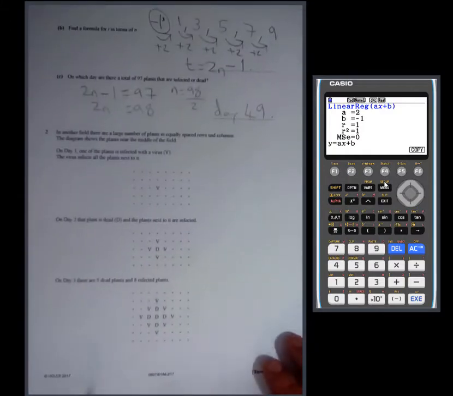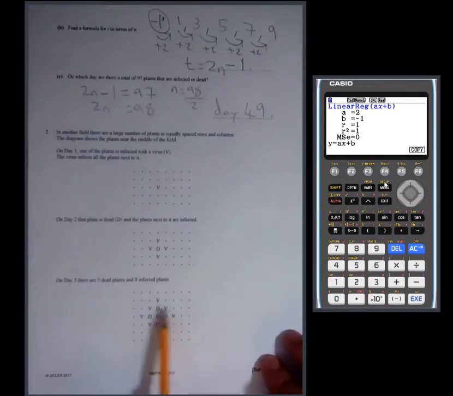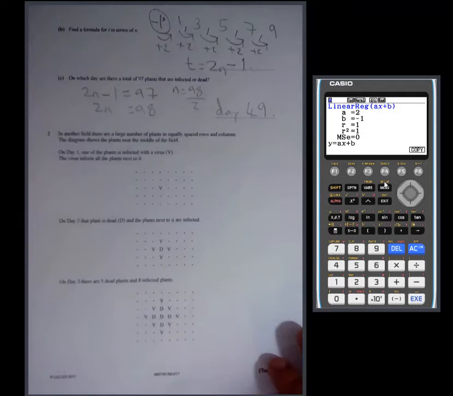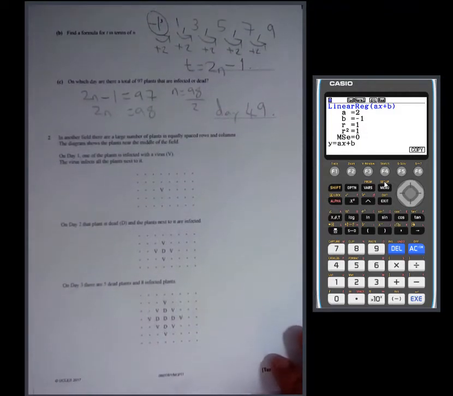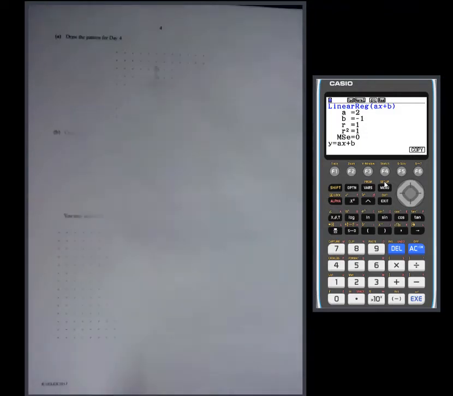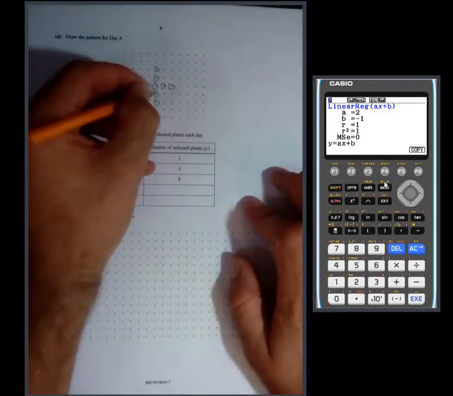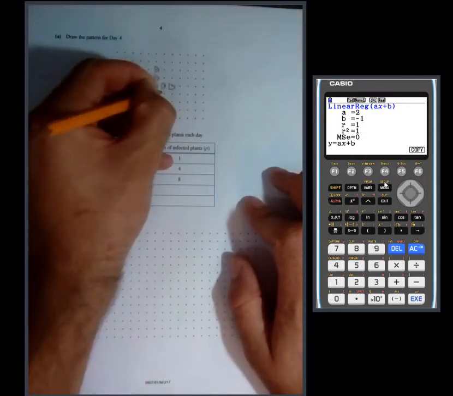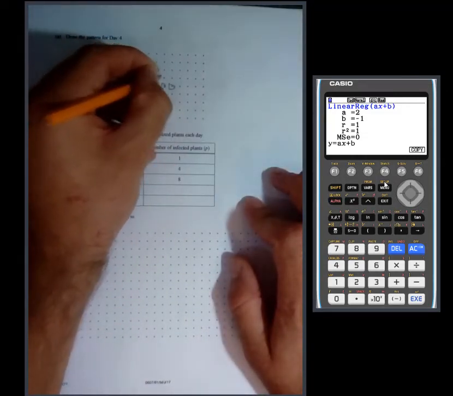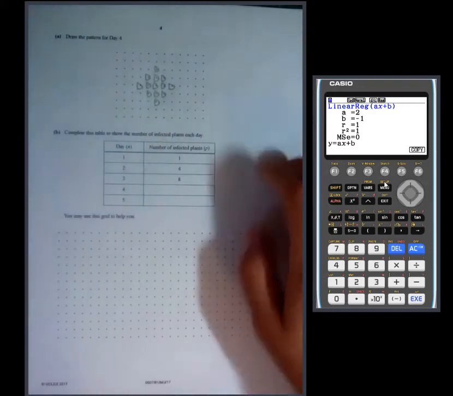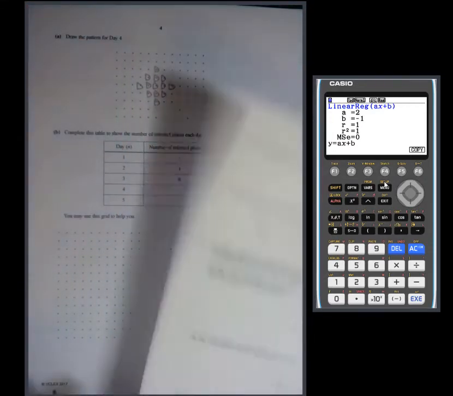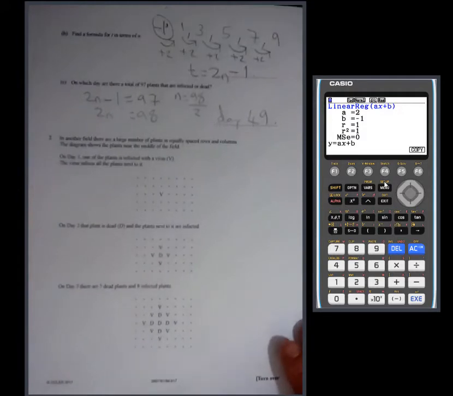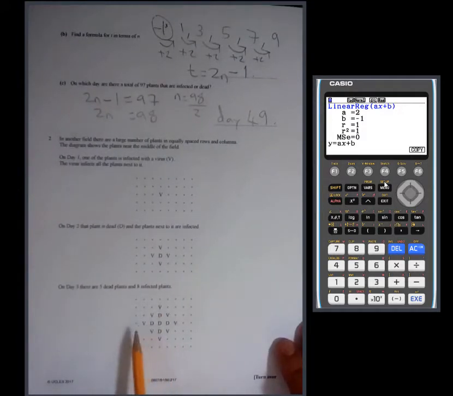And then looking at that, I now can put in everything else from yesterday and see where we go from there. So we're now going to have this is dead, this is dead, this is dead, this is dead, and that completes yesterday's arrangement. So it's everything that was dead already is dead, and everything that had the virus yesterday is now dead.